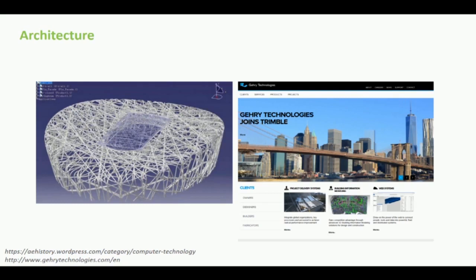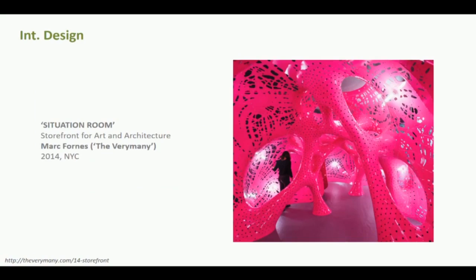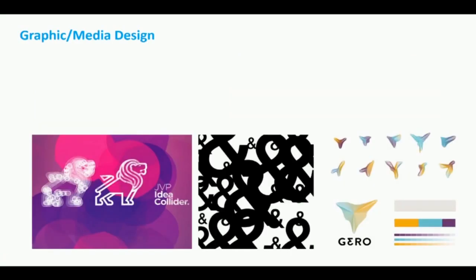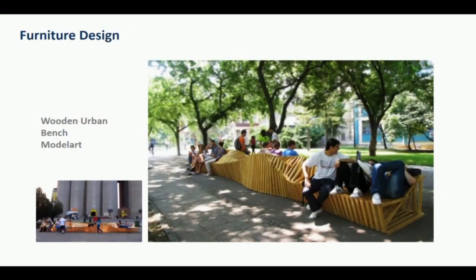So much work went into it that in the end they were commercializing the software. Anyways, interior design, graphic design, and media design are particularly suitable because they don't have many constraints. I mean, if you can print it, that's really it.